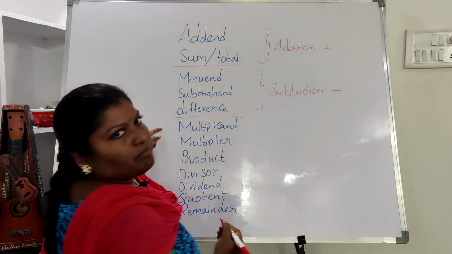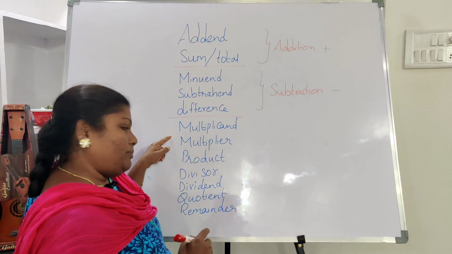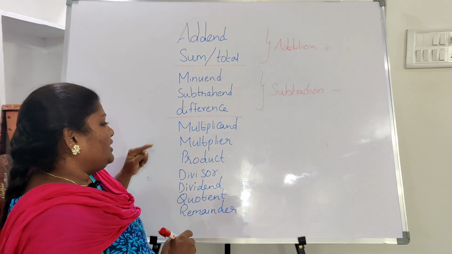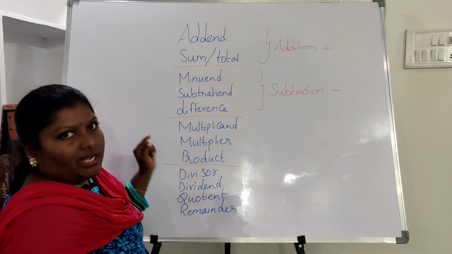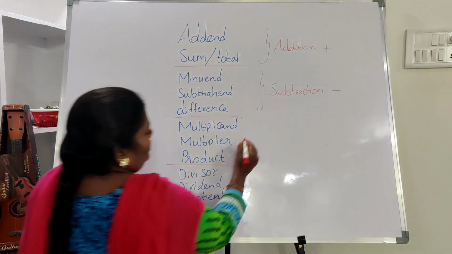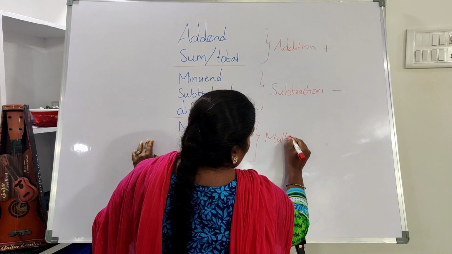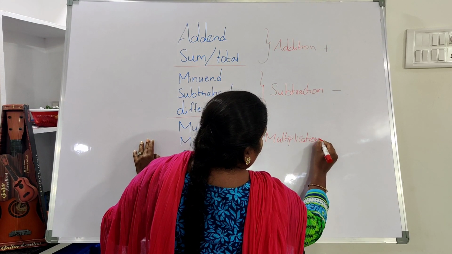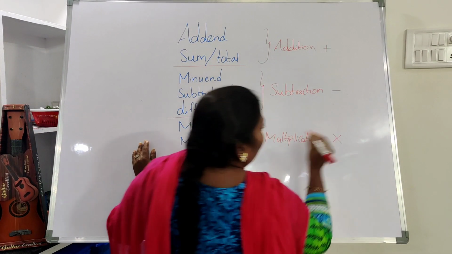Next comes multiplication. The number which is multiplied is called multiplicand. The number which multiplies is called multiplier. The result is called product. These 3 terms are related to multiplication, and the symbol is into.